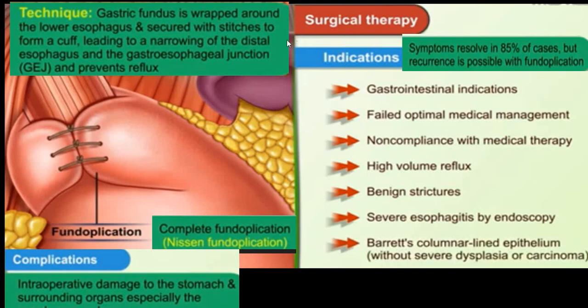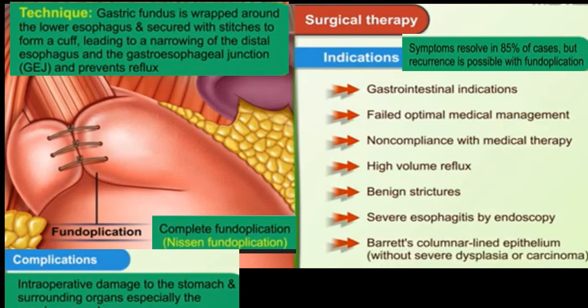Now if the person is refractory to treatment and there are alarming symptoms, after investigations, if the person has gastrointestinal indications, failure of optimal medical treatment, non-compliance, high volume reflux, benign strictures, esophagitis, Barrett esophagus, etc., you will have to go for surgical therapy.